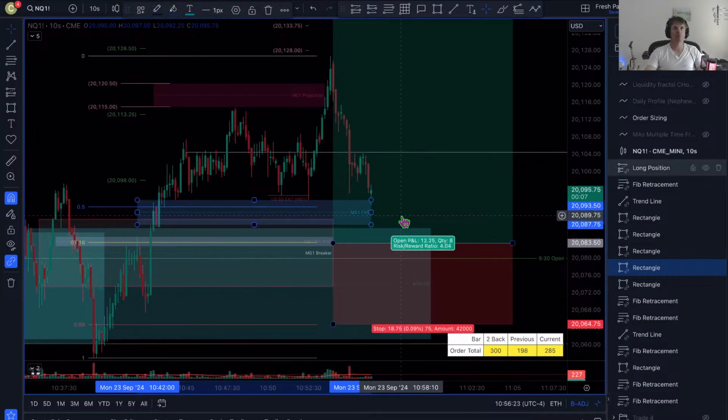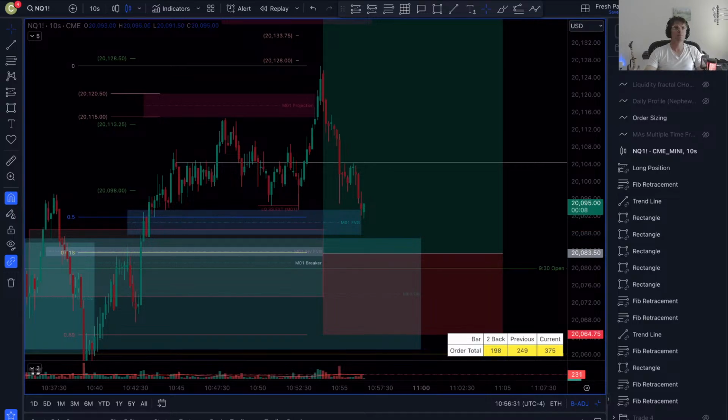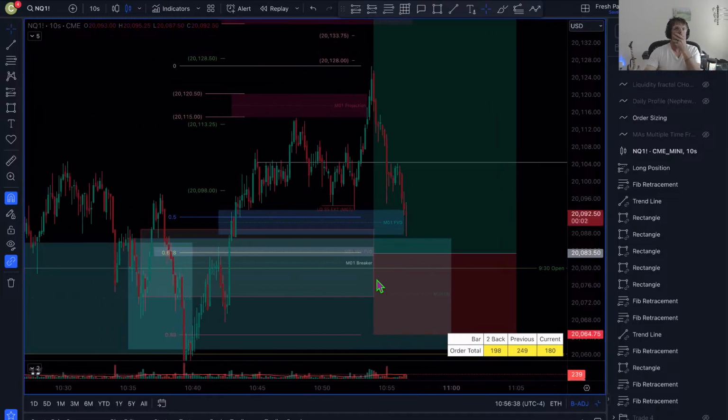That's the fair value gap on the M1 there. It might. That's the M1 breaker.